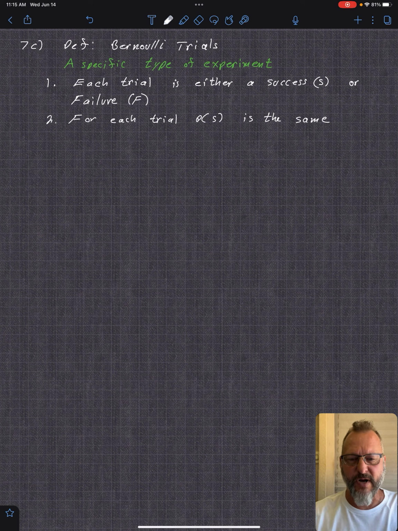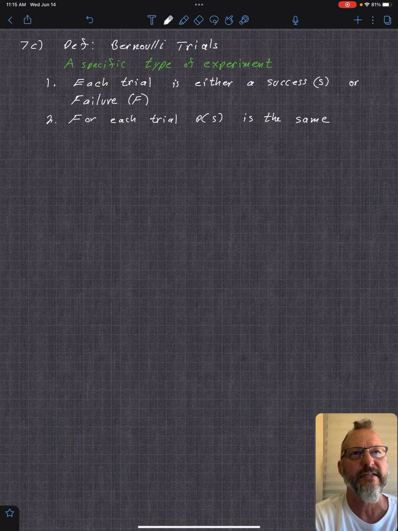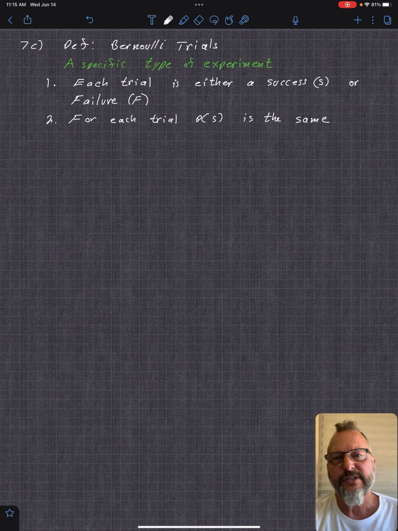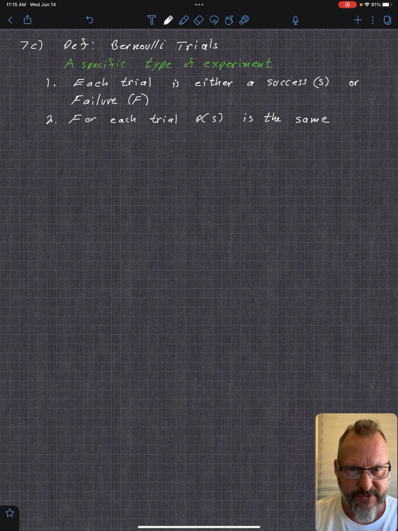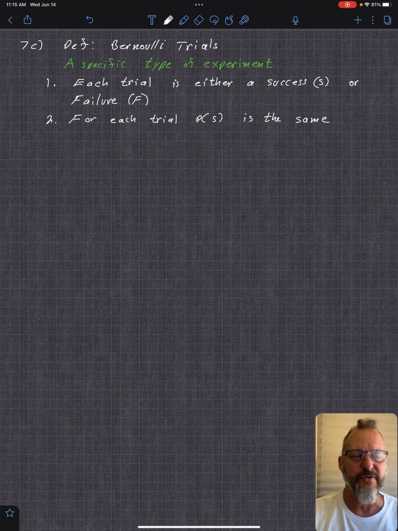Meaning the probability that it would be when you select it is not going to change. The best example to think of would be heads and tails. Your success could be heads. Then the probability of that doesn't change each time you do the selection.